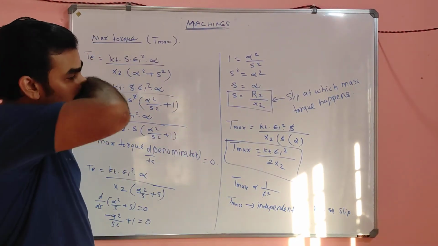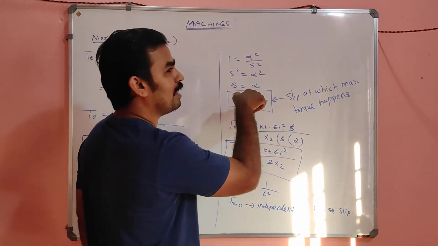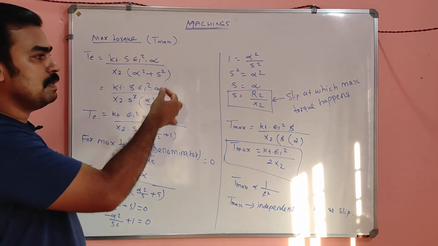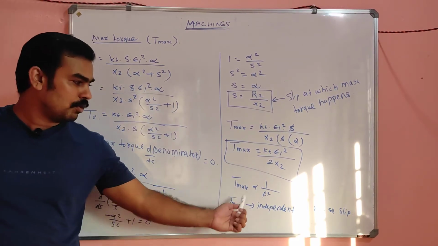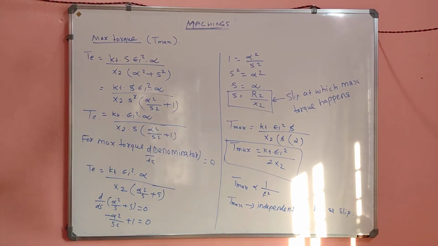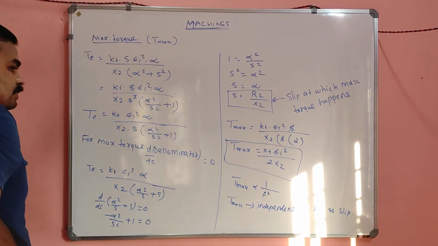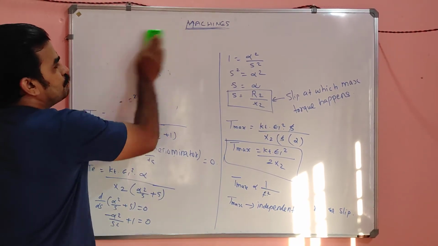But the slip at which maximum torque happens depends upon R2 and X2. Am I correct? So that is the condition for maximum torque.